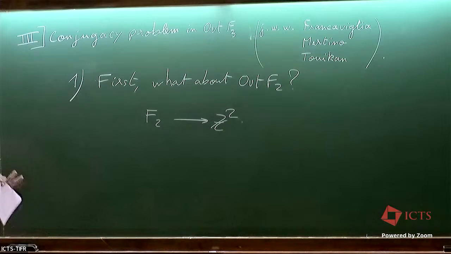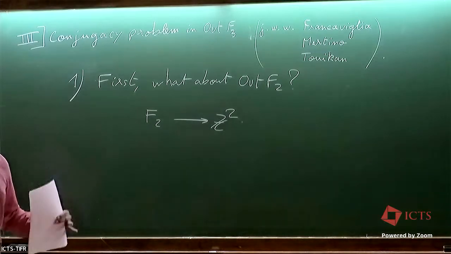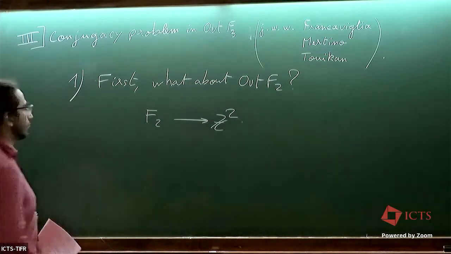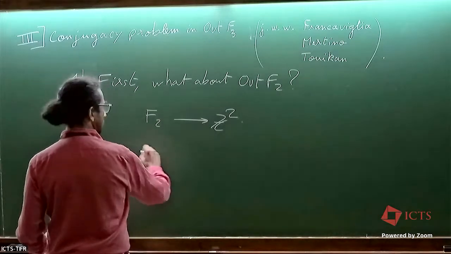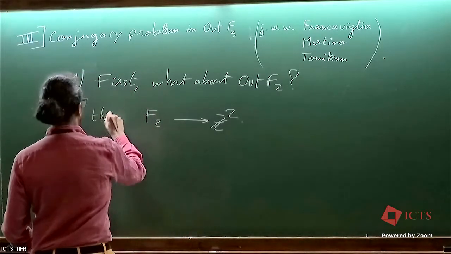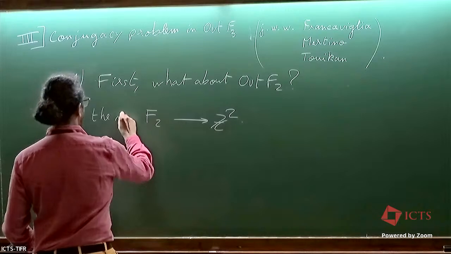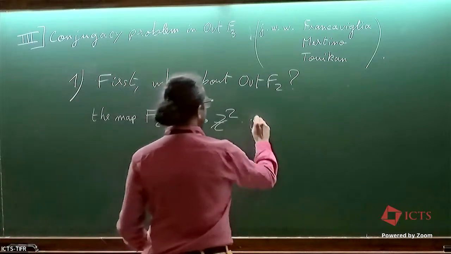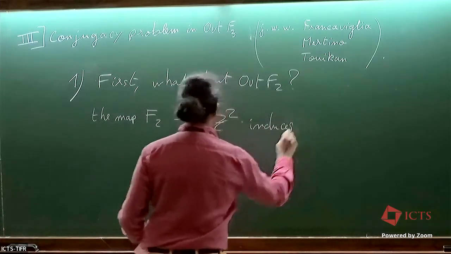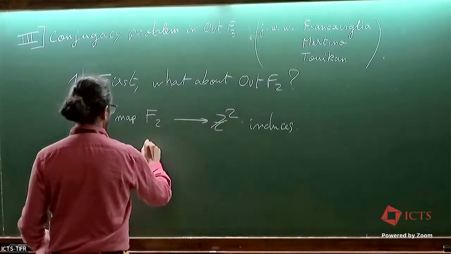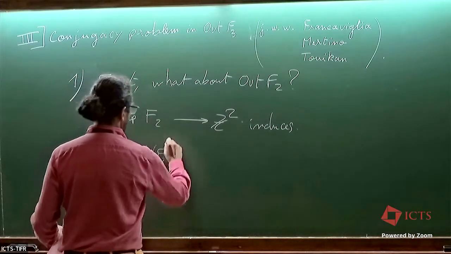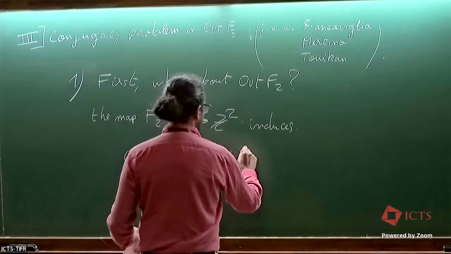This characteristic quotient induces some map at the level of automorphism groups. And so it induces another map, Out(F2) to Out(Z²).